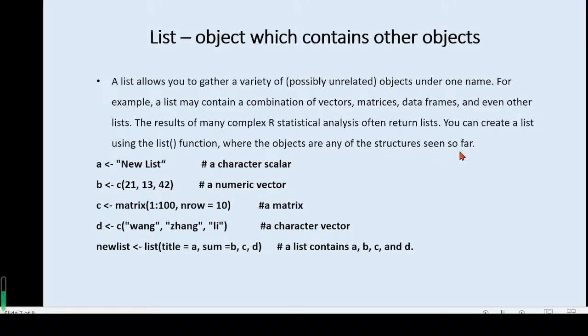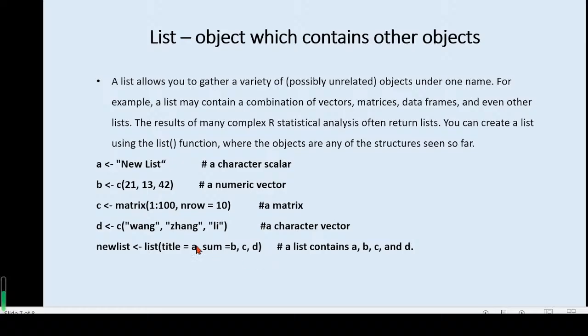For example, these are 4 objects. A is a character scalar, B is a numeric vector, C is a numeric matrix with 100 values, and D is a character vector. So we can create a list combining all this information using the list function.